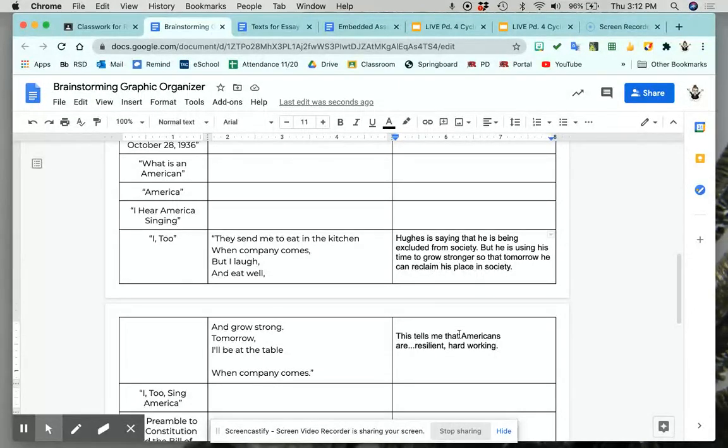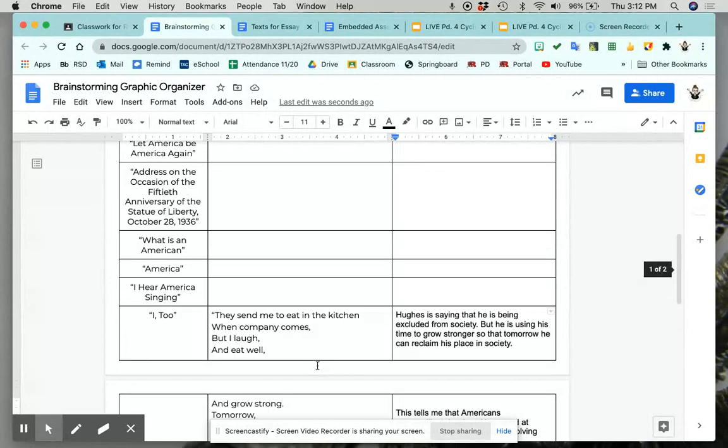So that's what resilient means, but you can also say good at overcoming obstacles, good at solving problems, however you want to phrase it. You want to distill this down into what does it tell you about Americans? Go for a word or a short phrase.